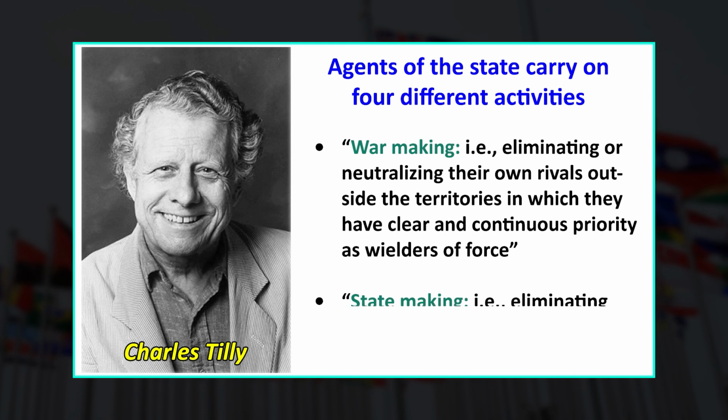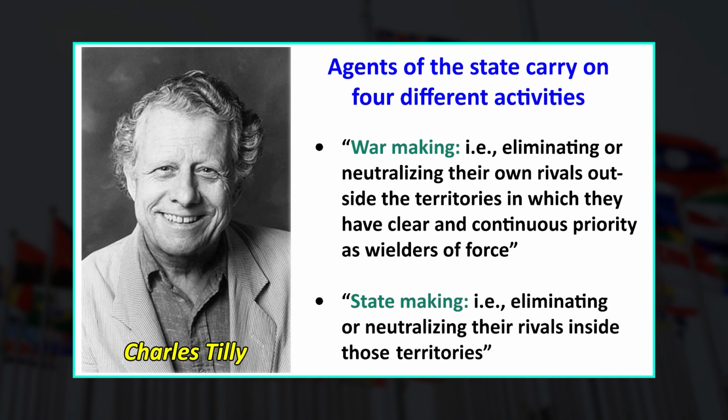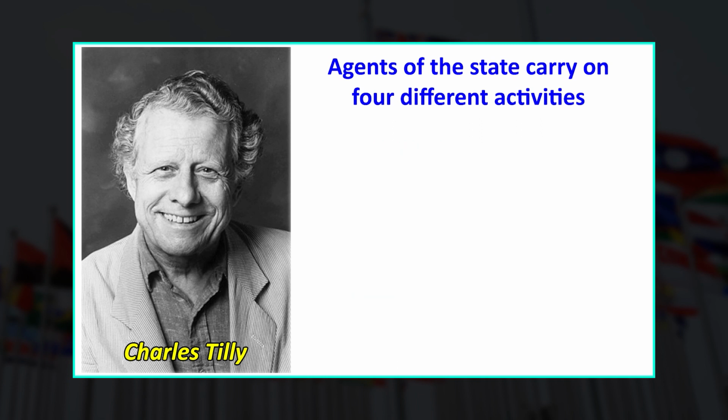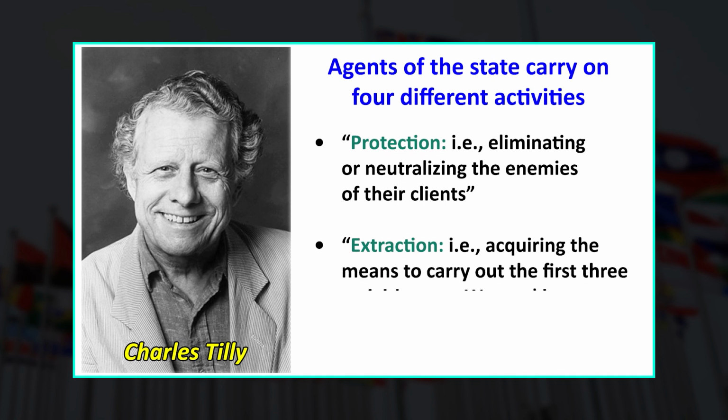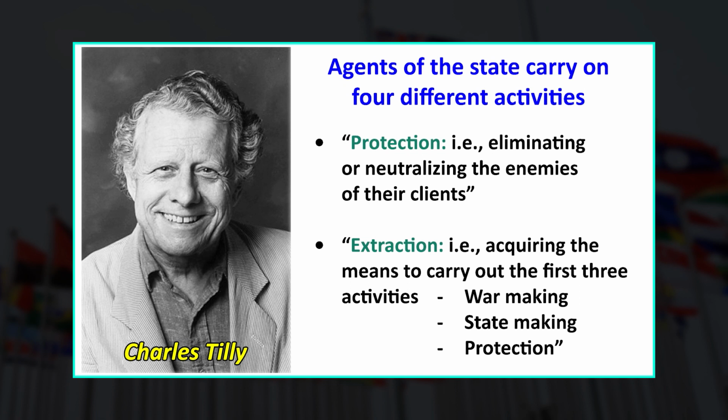Second, state making, that is eliminating or neutralizing their rivals inside those territories. Third, protection, that is eliminating or neutralizing the enemy of their clients. And fourth, extraction, that is acquiring the means to carry out the first three activities, that is war making, state making and protection.